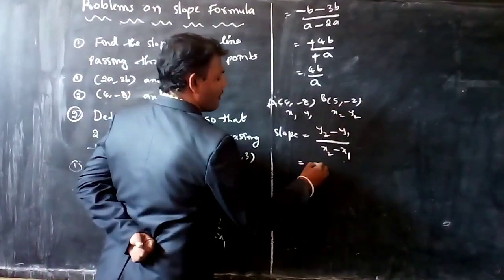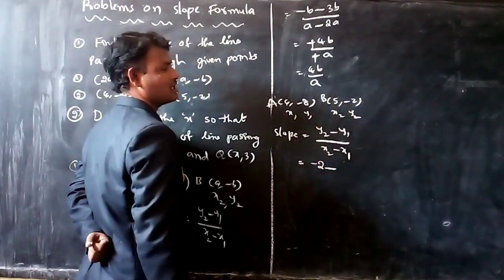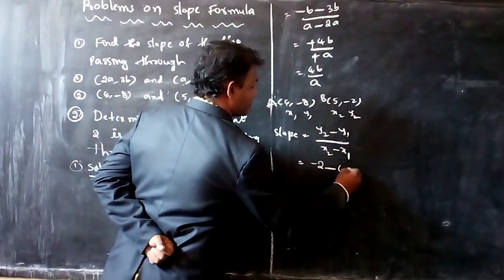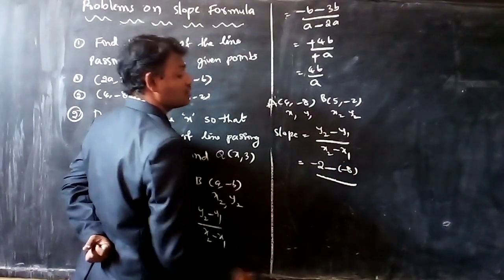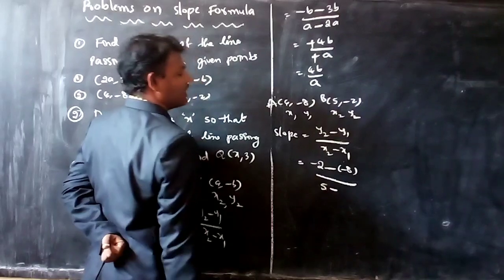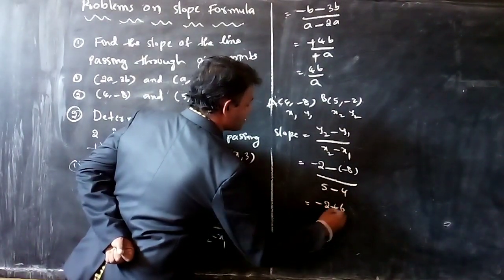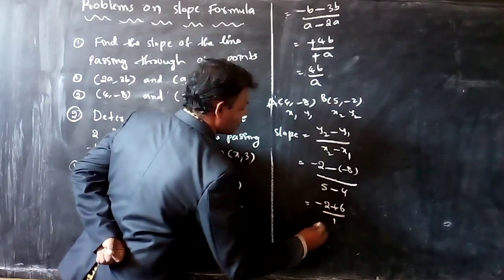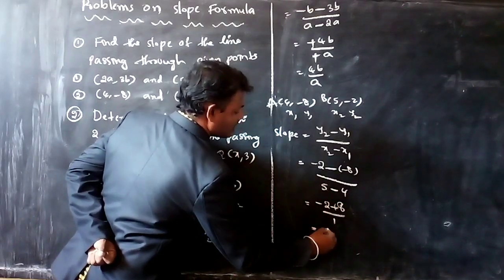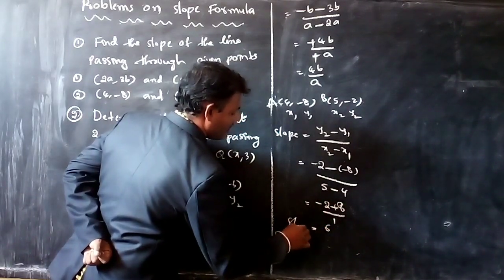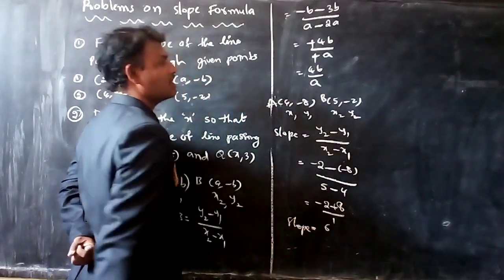What is y2? Minus 2. Minus y1, which is minus 8. By x2, which is 5, minus x1, which is 4. So finally, minus 2 plus 8 by 1. So what is the answer? 6. So the slope of the given line is equal to 6.